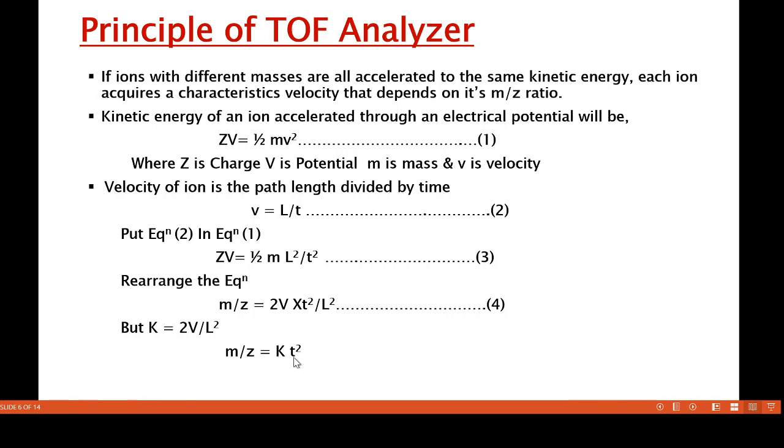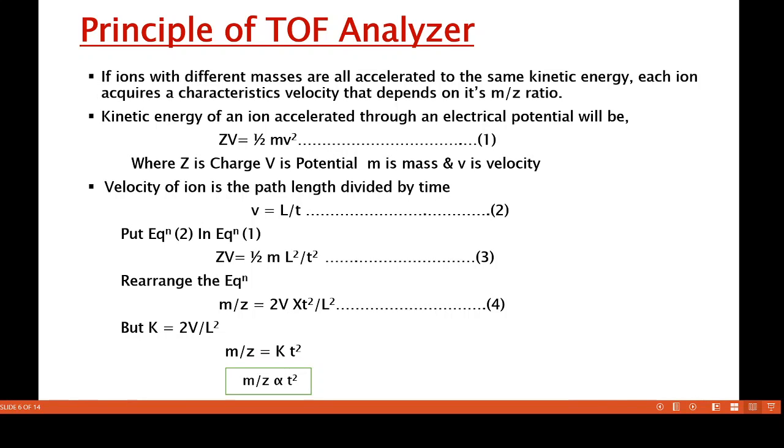Okay. So by studying this equation, we conclude that m by z is directly proportional to the square of the time. That means m by z of the ions that strike the detector after traveling the path length L is directly proportional to the square of the time.